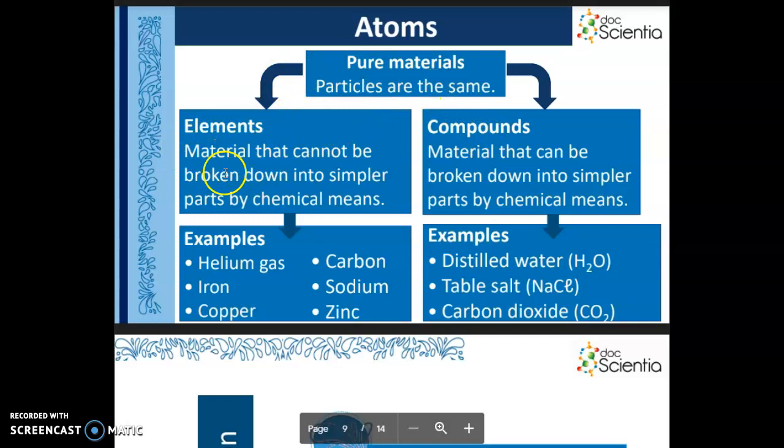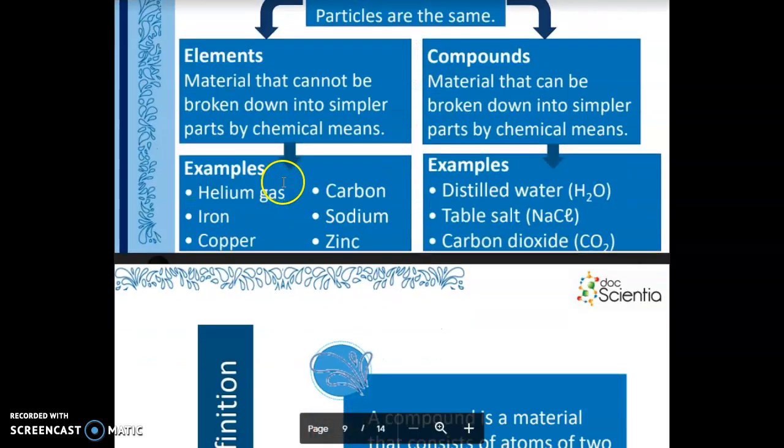Now, elements are material that cannot be broken down into simpler parts by chemical means, so it's in its original form. Compounds, however, are combined with something else, so a material that can be broken down into simpler parts by chemical means, so they're a combination of 2 elements.